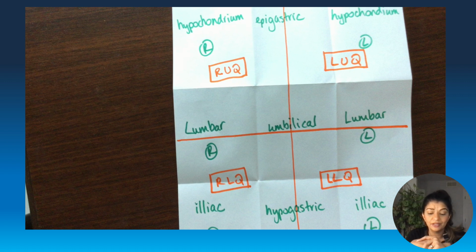But also, if I have a patient as a therapist who has pain in a certain area, I might call the doctor and say, hey, I've been treating Miss So-and-so for this, and she is complaining of pain in the left hypochondrium area. I just wanted you to be aware of it. Again, that clean, clear, concise communication is going to be so helpful.